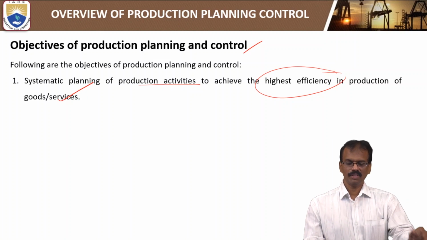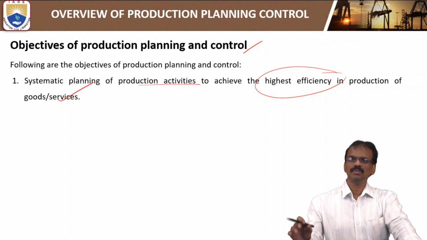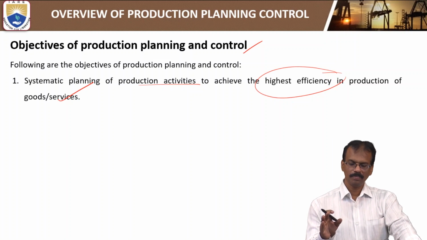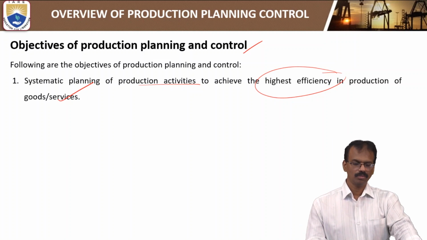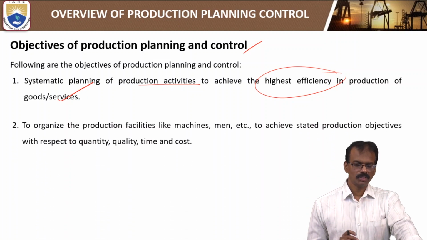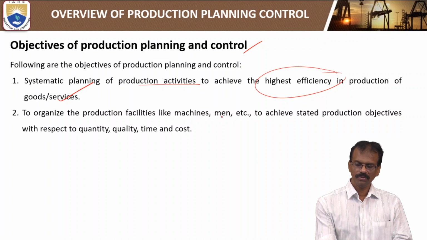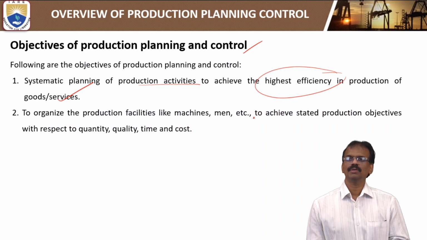Activity means utilization of the resources and scheduling of methods. What are the different manufacturing methods to perform the production operation? Next we'll see that to organize the production facilities, we know the facilities, the 4Ms: machines, methods, and men.